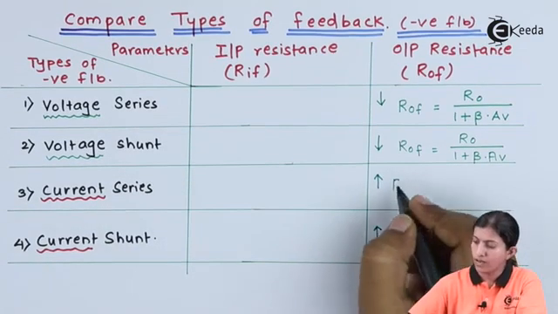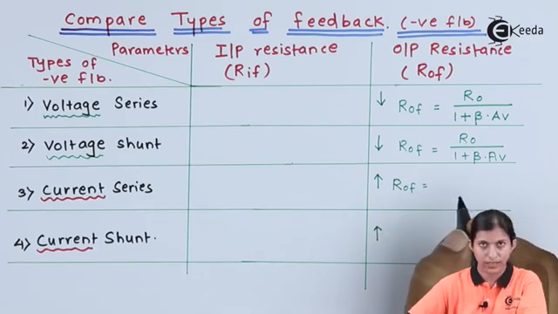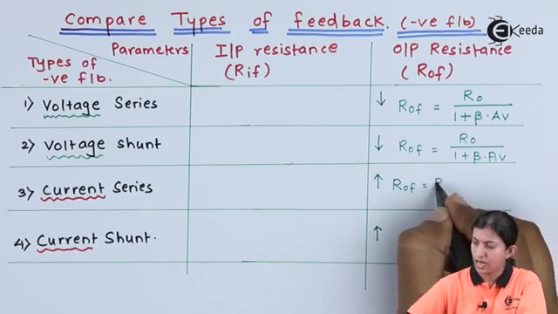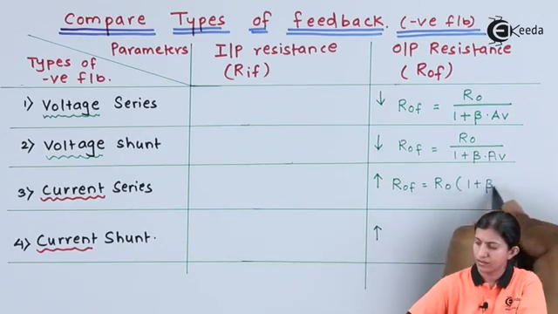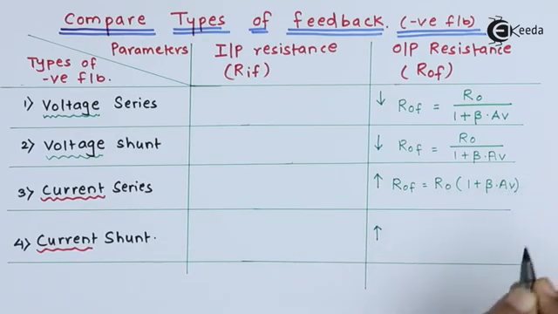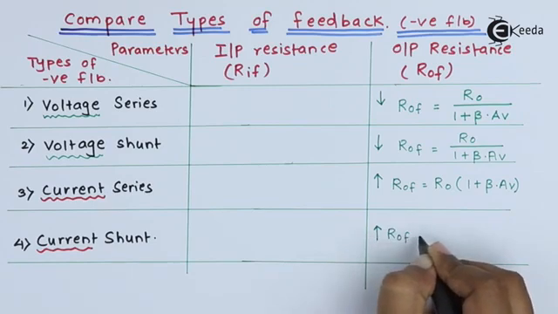So in case of ROF, ROF is equal to RO multiplied by 1 plus beta times AV. Similarly, in case of current shunt connection, the output resistance increases.